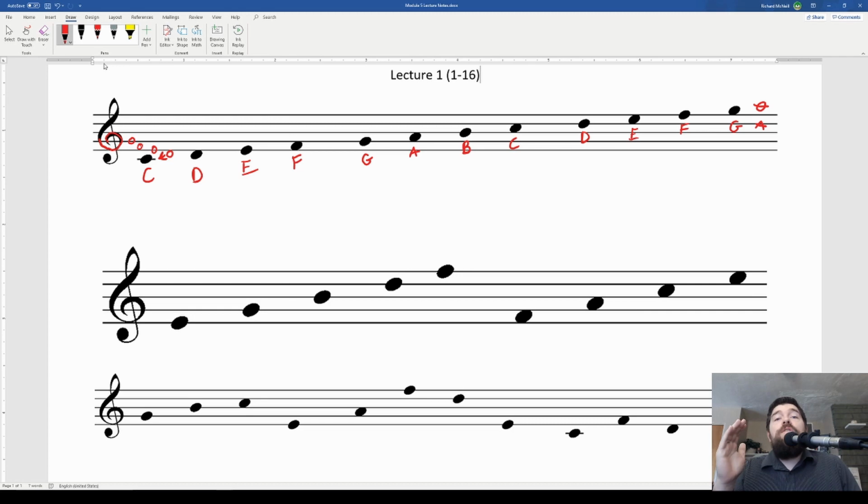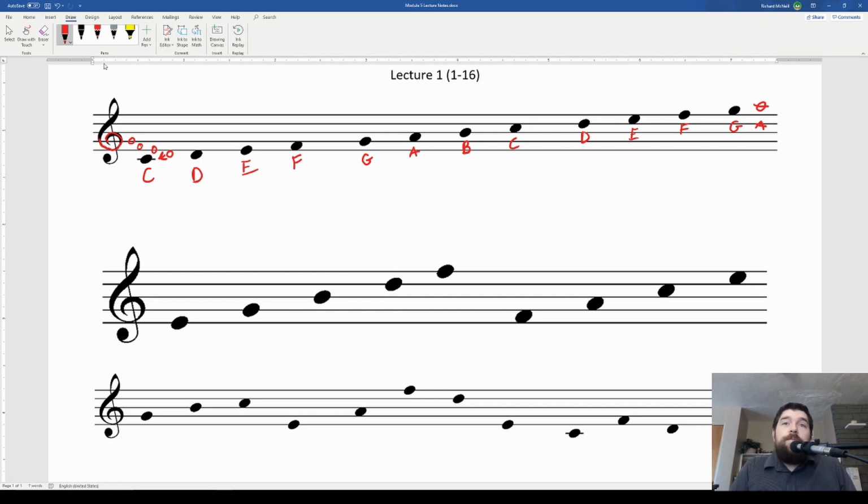Now we have all the notes from the ledger line below the staff all the way up to the ledger line above the staff. Now next up, we want to know, just from memory, what are all the names on the treble clef. Okay, and so once we have figured out all these names, they never change.